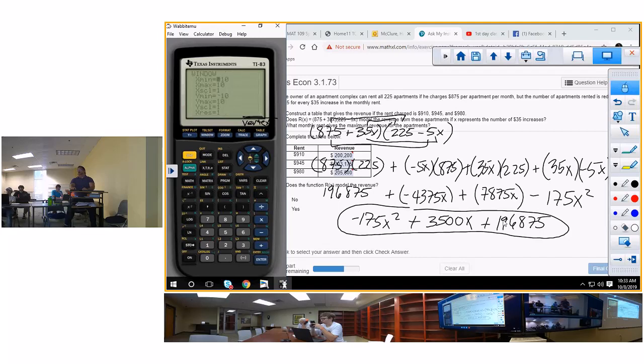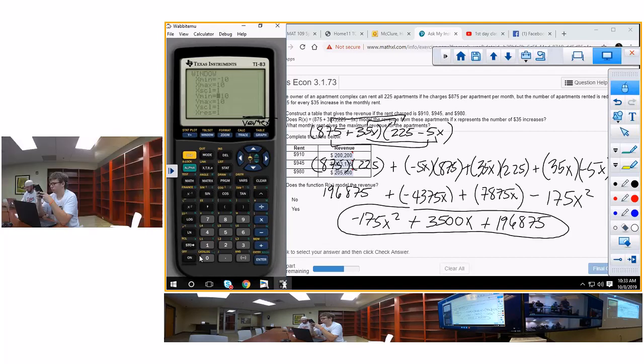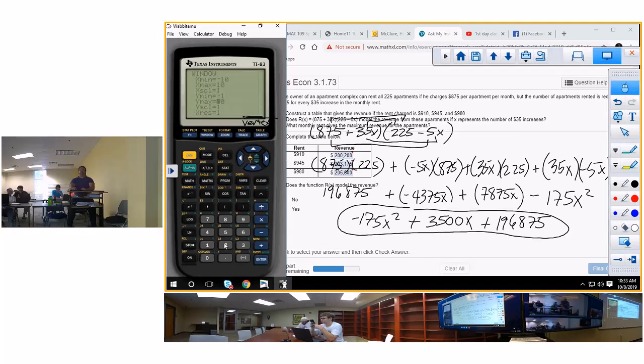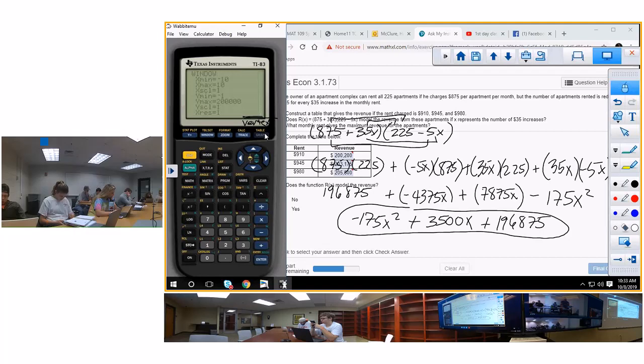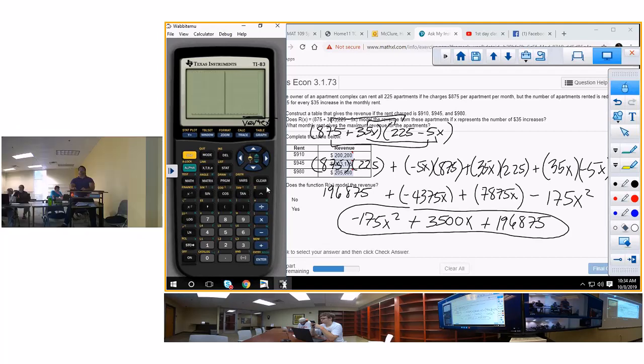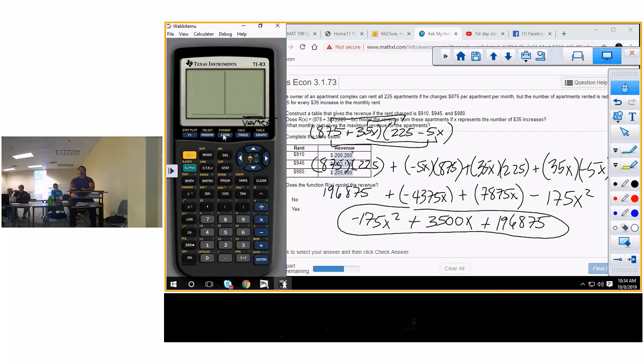We know that the y-intercept is about 200,000, right? So we need to set the y-window for -1 and 200,000. And let's just see what it looks like. Okay, the vertex must be way out. So let me zoom out.